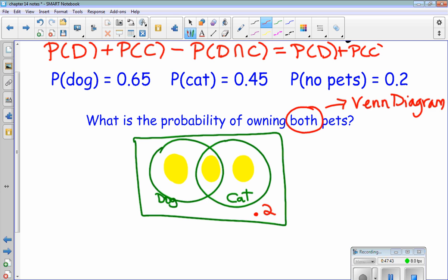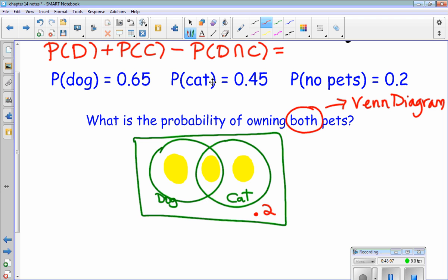Okay, let's get your formula sheet out. You should have it. Let's look at A's and B's. Anyone have theirs handy? Thank you. All right. So, if you look at yours, I'm using D and C rather than A's and B's.